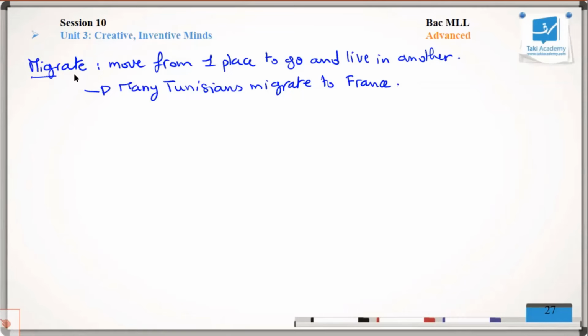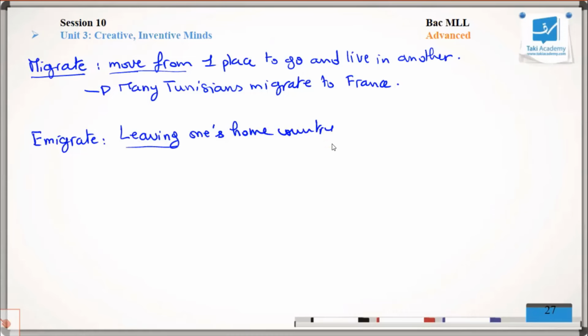This is migrate. So you migrate, and then emigrate with an E is used to talk about the fact of leaving. Here it's move from, but here it's leave. Leave one's home country to go and live in another.